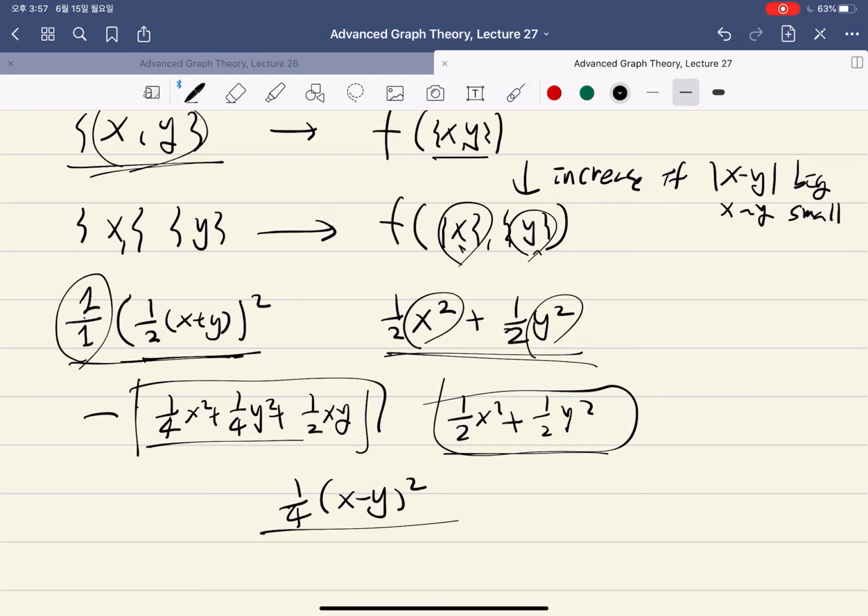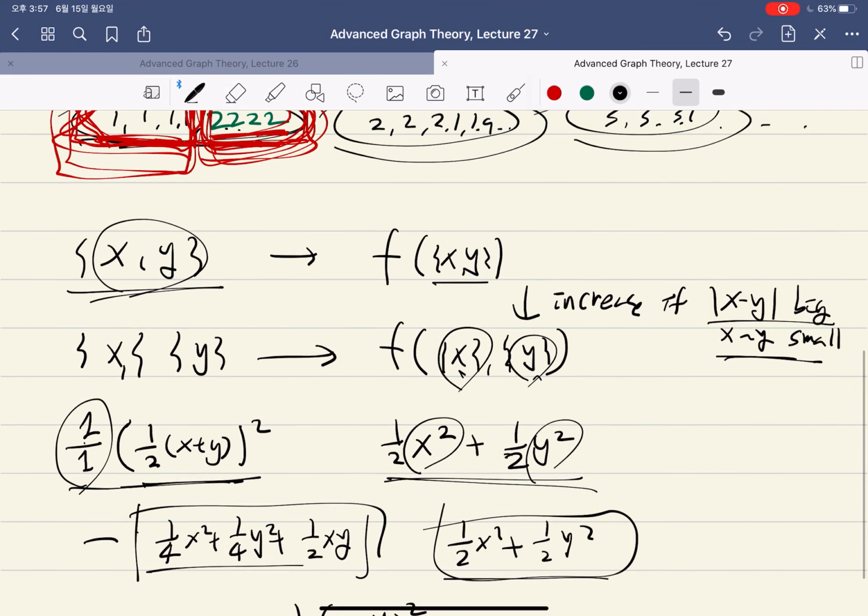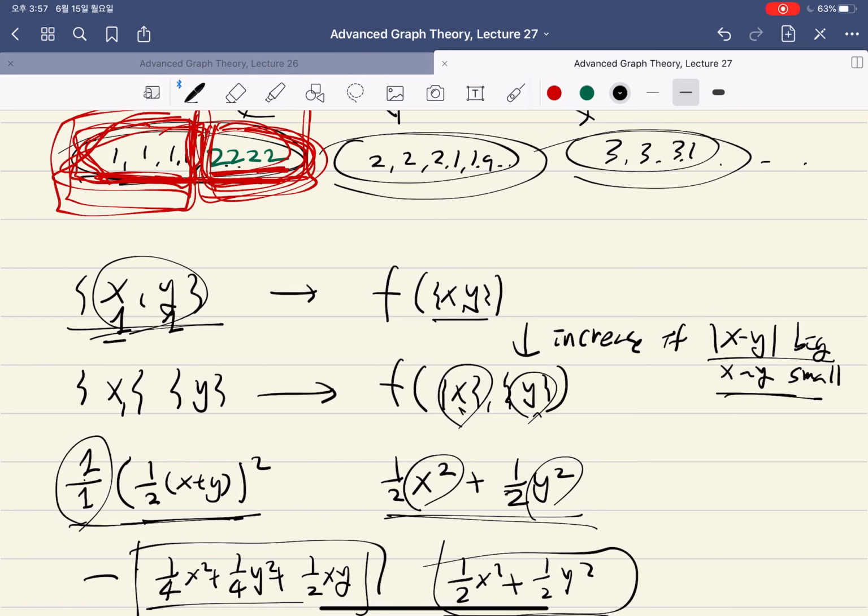So if x minus y is big, then this gets big. If x minus y is small, this gets small. If x and y were the same number, 1, 1, this replacement does not increase this function at all. But if those two are far apart, then this function increases.